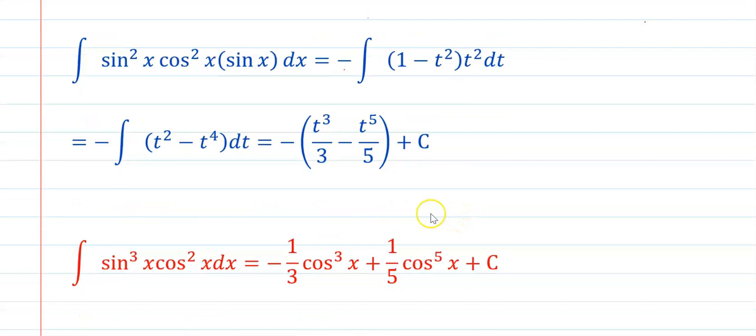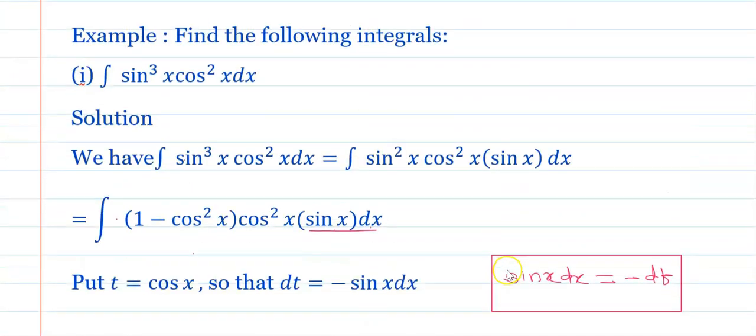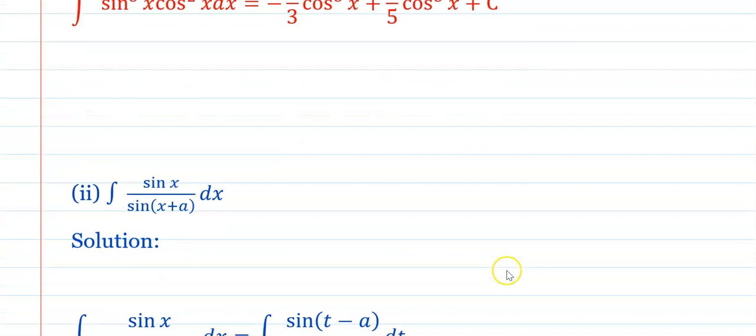If you open the bracket and resubstitute the value of t, which is cos x, the sign will change, minus and plus, and resubstitute the value. It's minus 1 upon 3 cos cube x plus 1 upon 5 cos x raised to 5 plus c, and this is the answer.